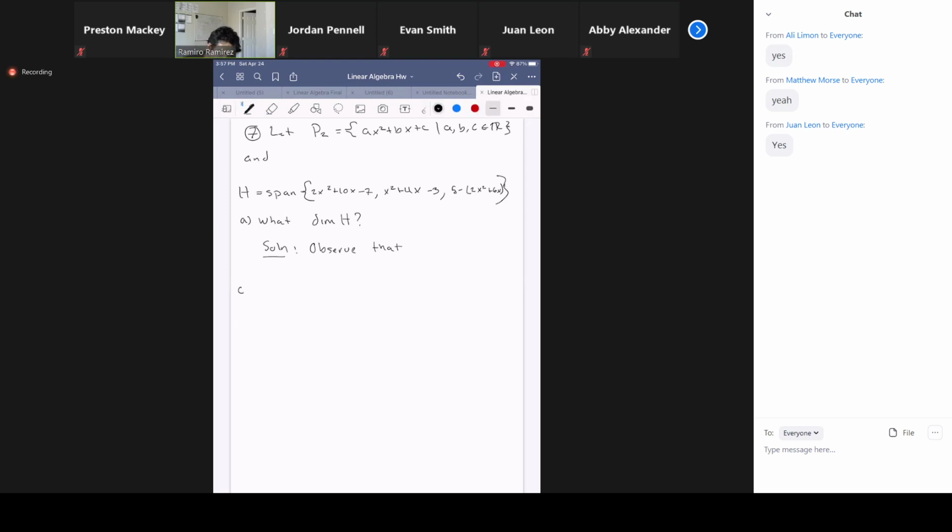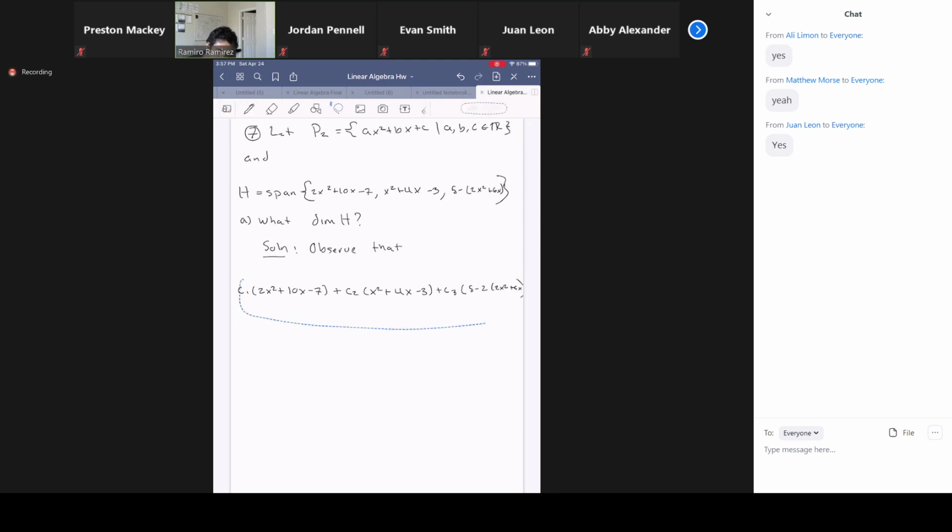So we have to just check that C1 times 2x squared plus 10x minus 7, plus C2 times x squared plus 4x minus 3, plus C3 times 5 minus 2x squared plus 6x.